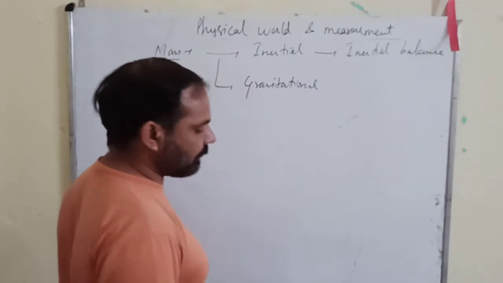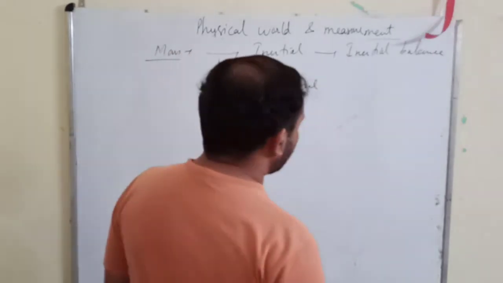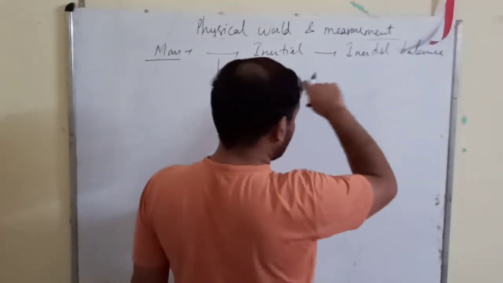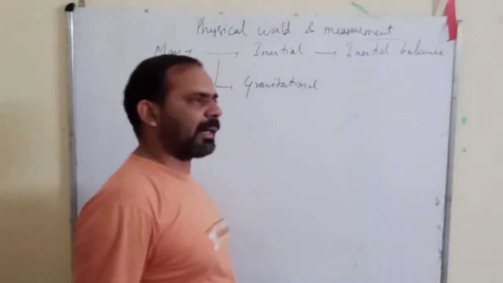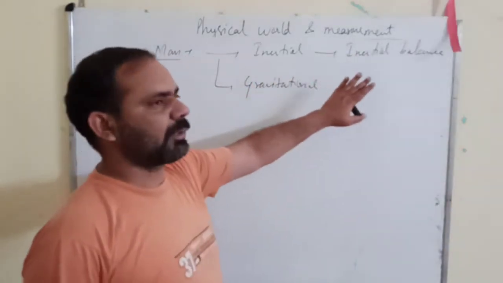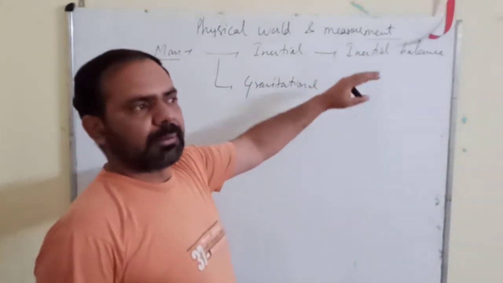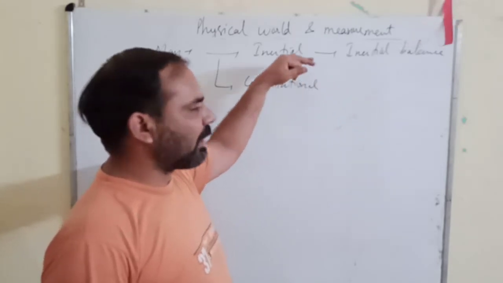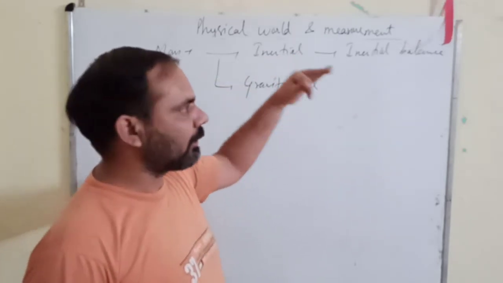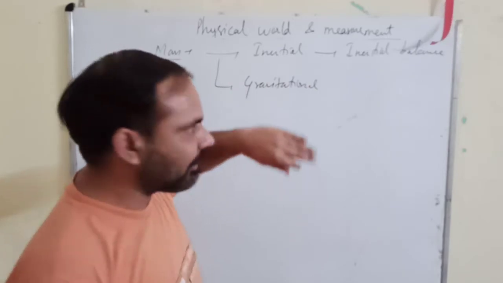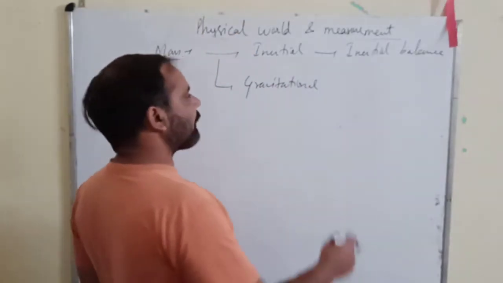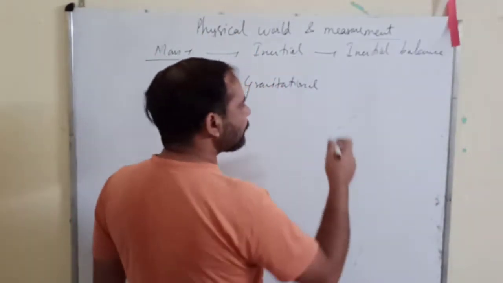This is included in your practicals, so I'm not going to tell you much right now. There is an experiment to measure the inertial mass of a body. That experiment is included in your syllabus. So there you will come to know how the inertial balance works.